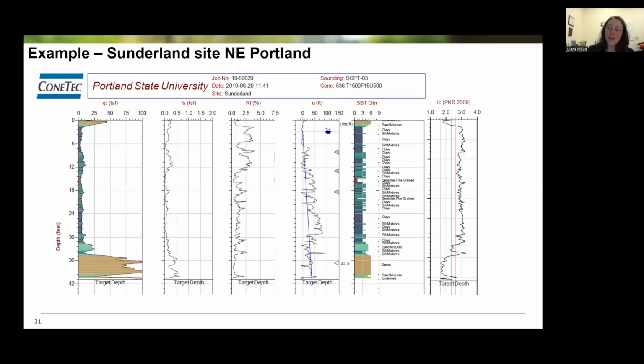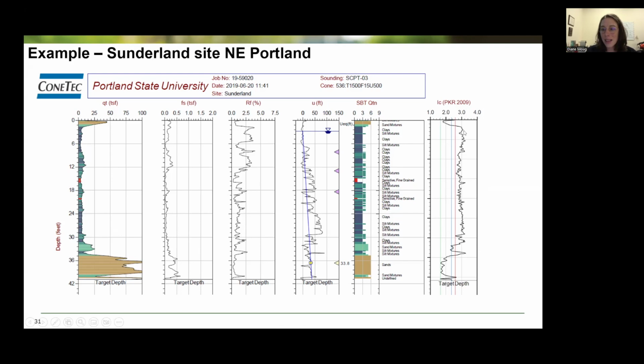Here is an example of some data from our Northeast Portland research site, looking at the soil behavior type I sub C value, with some nice coloring to indicate which zone the soils are falling into, and we can start to see some patterns in the stratigraphy come out.